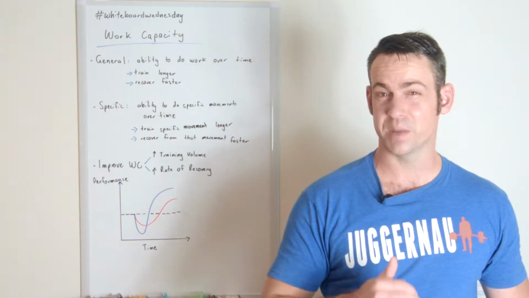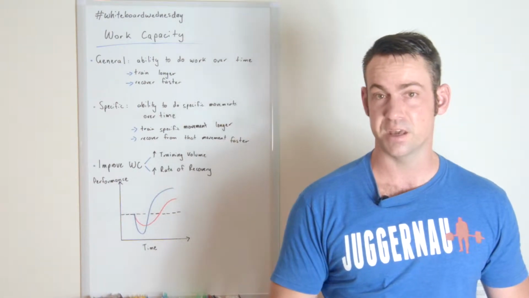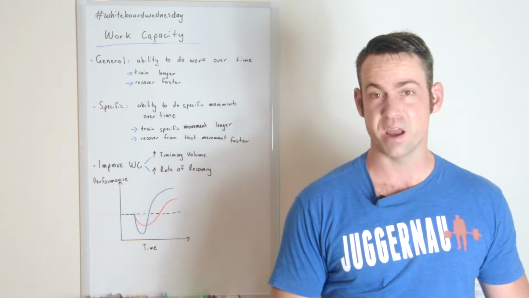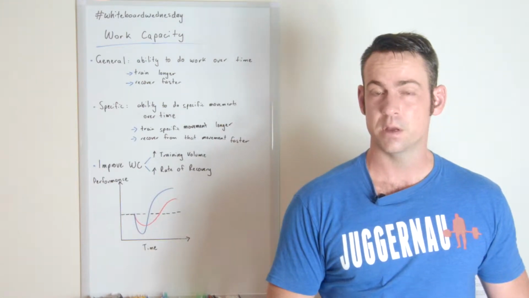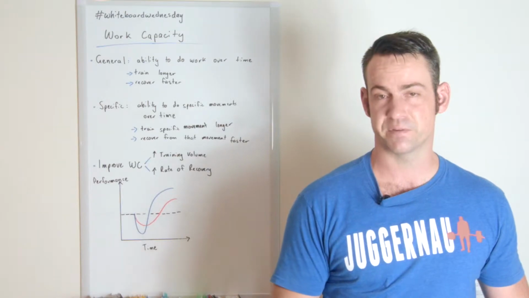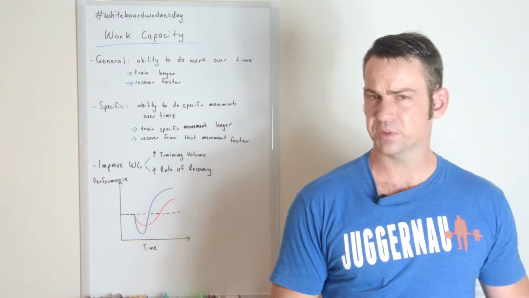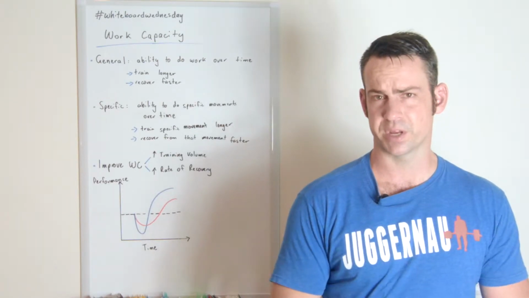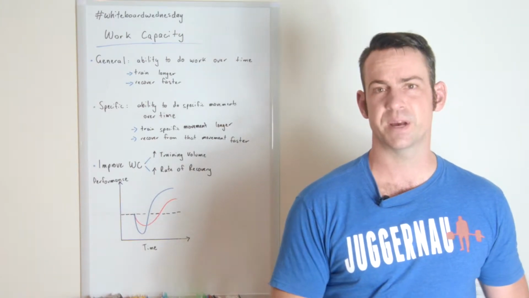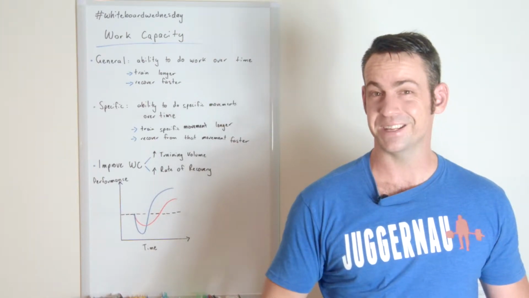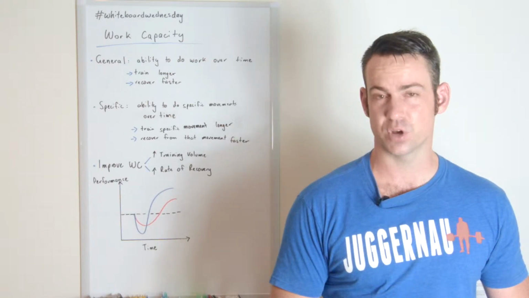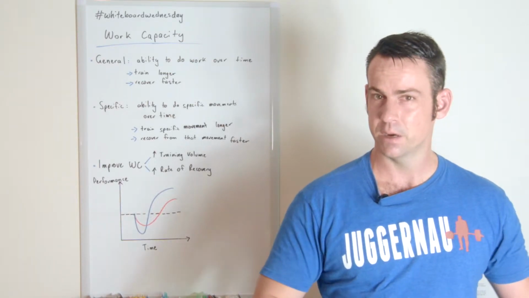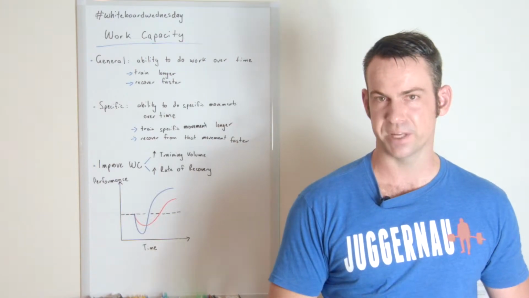Not just increasing the amount of training volume we can undertake in a given period of time, whether it's an hour, 2 hours, a session, a week, or anything else. It's also the ability to recover faster from that same training. So it's not just volume in isolation, it's also recovery. And increasing work capacity not only allows you to train more in a given session, it allows you to train more frequently. And really it is a combination of your ability to tolerate volume and frequency of training in a generalized or specific sense.